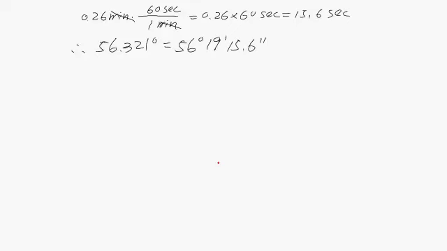So by now, we have talked about the first way to measure an angle, the degree measure. Now let's look at the second way to measure angle. It's called the radian measure of angles.